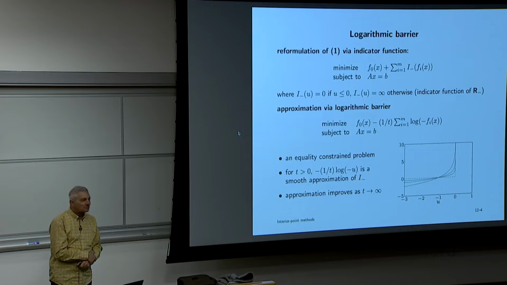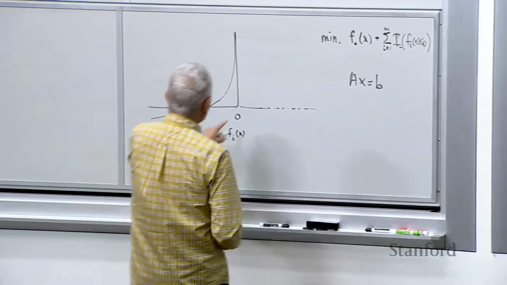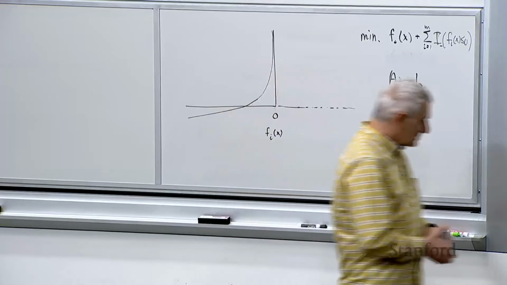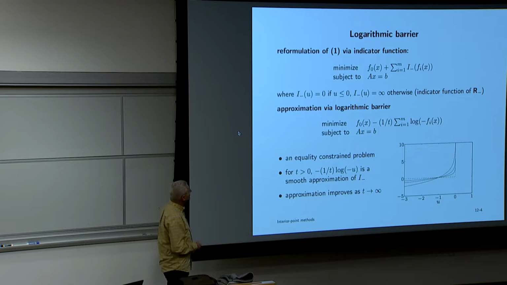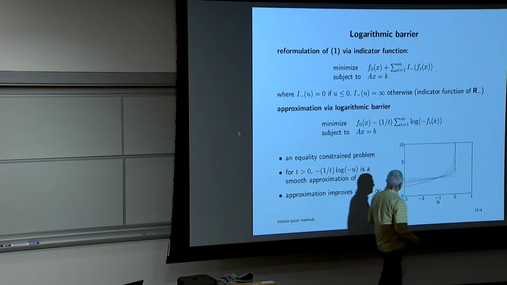Okay. So this story starts that way, but it's actually instead going to have a happy ending. So the specific approximation that's going to be used is something called the logarithmic barrier. It's going to look like this. It's these functions.